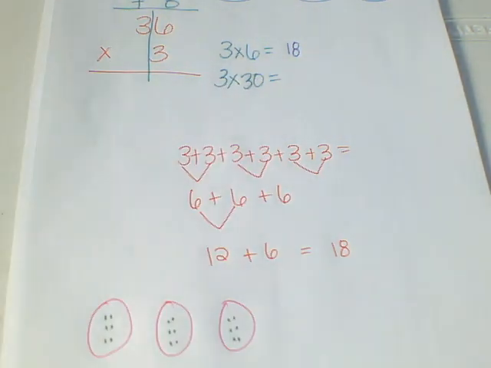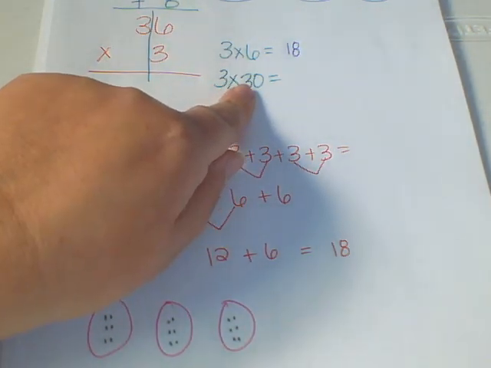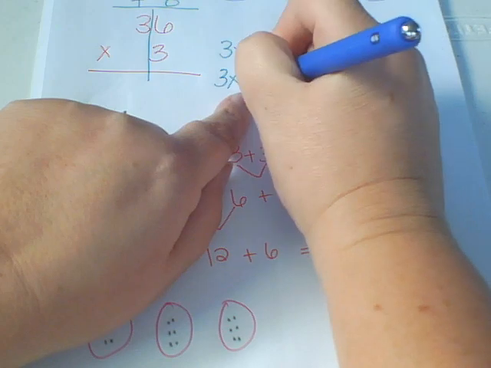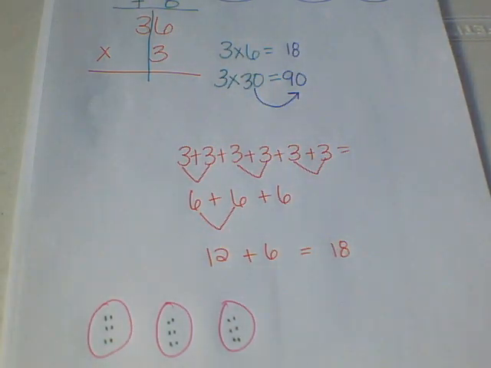Now I have 3 times 30. Okay, 3 times 30. Well, 3 times 3 we know is 9, and then we've got to bring our 0 over. So we know it's 90.